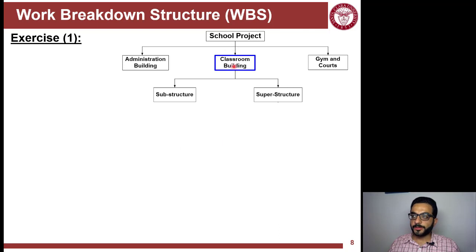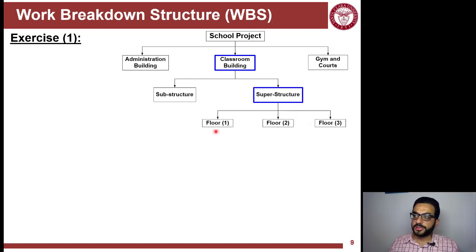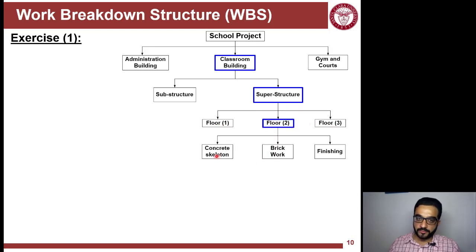As an example here, you have the classroom building, you have substructure and superstructure. I'm not breaking down the other buildings further, just following the tracing, one branch after another branch. Next would be the superstructure, following its breakdown, floors 1, 2, 3. Picking one floor and breaking it down, you have concrete, brickwork, finishes.